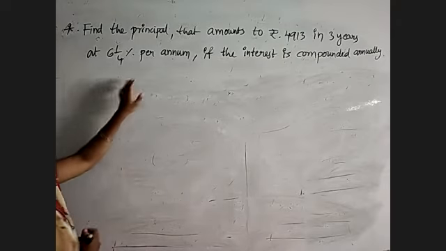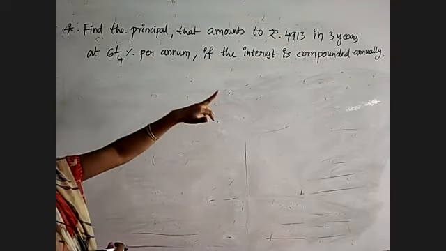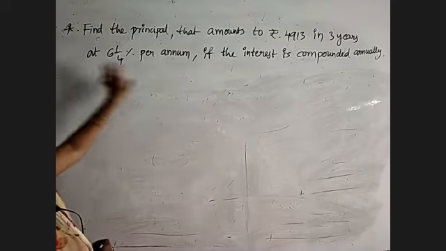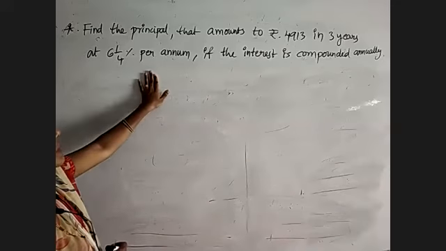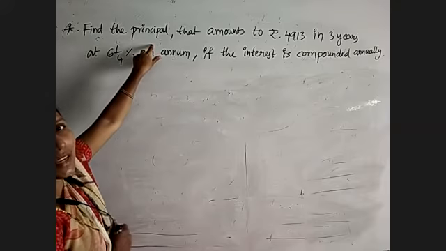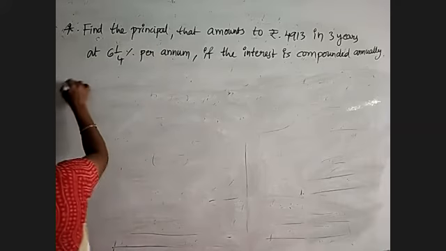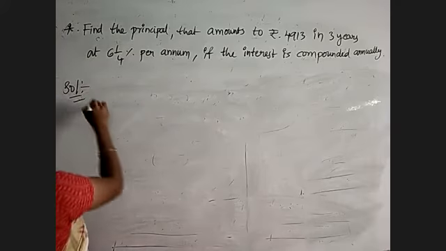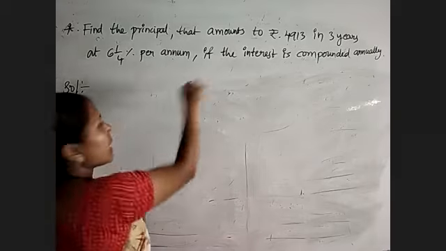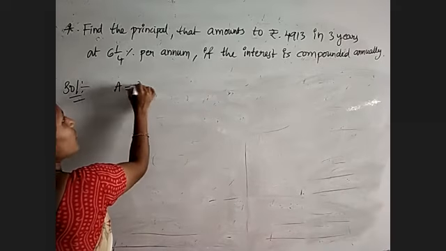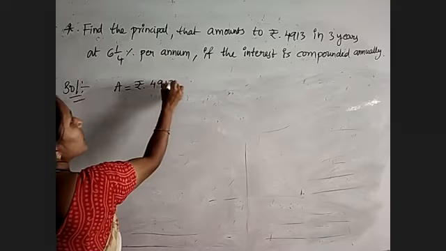Okay, observe the question. Find the principal that amounts to 4,913 in 3 years at 6.4% per annum. We need to find the principal P. The amount is given as 4,913 rupees.